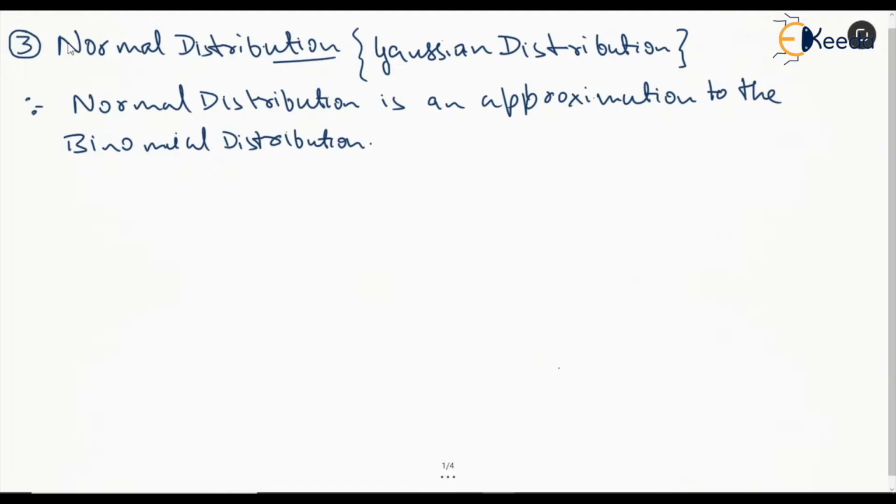So in case of binomial distribution where n tends to a very large value, but neither p nor q is very small, in that case, again binomial distribution will start giving error, and for the approximation we limit it to normal distribution, right?